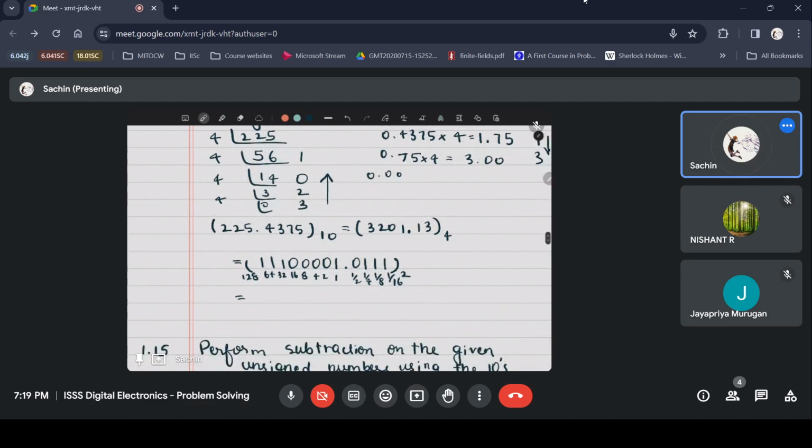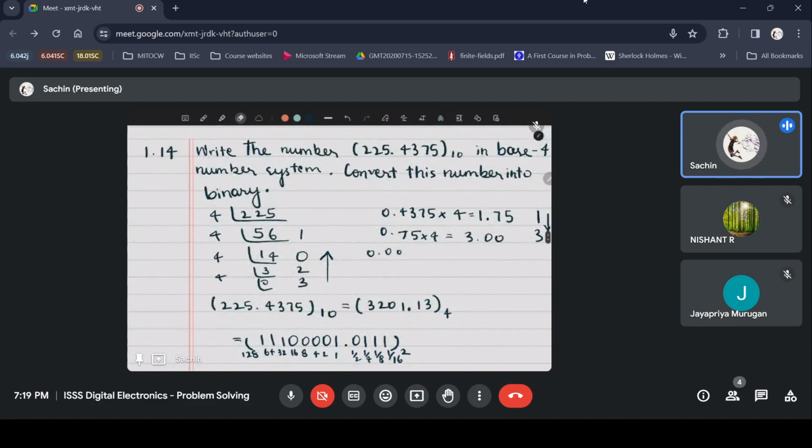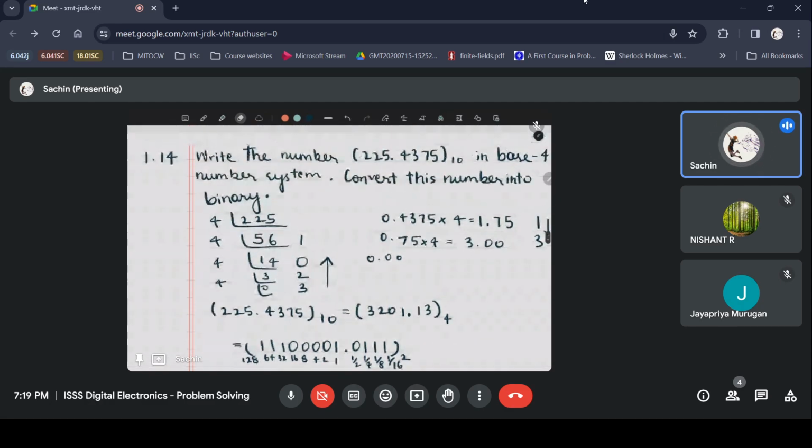So that's 128 plus 64 plus 32. What's that? 128, 188, 192, 222, 224 plus 1 is 225. You can do the fractional part also, it will come out as this number. So that's the principle of it. If you know the principle, you can use it for any number system.